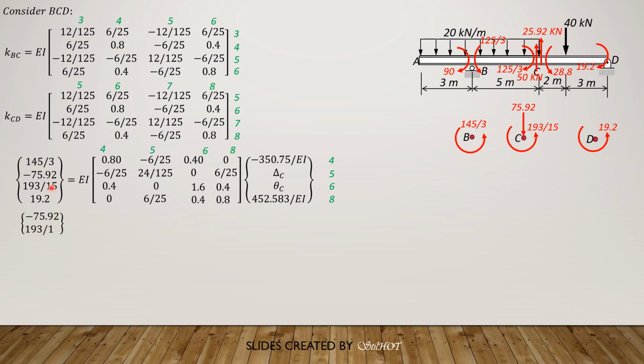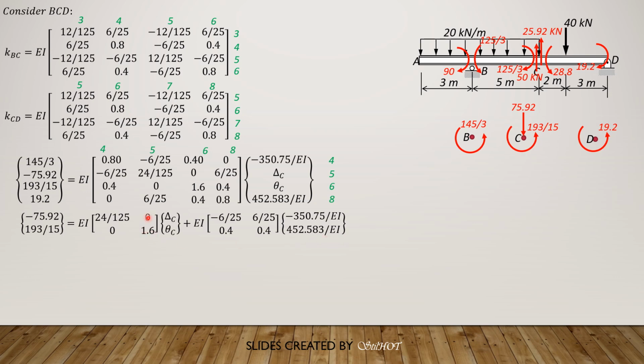So negative 75.92, 193 over 15 equals EI of 24 over 125, 0, 0, 1.6 times delta C, theta C, then plus EI times negative 6 over 25, 6 over 25, 0, 0.4, times the displacements negative 350.75 over EI and 452.583 over EI.